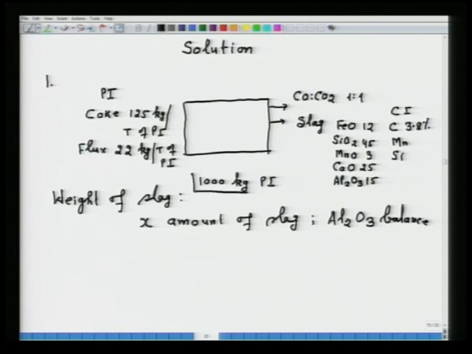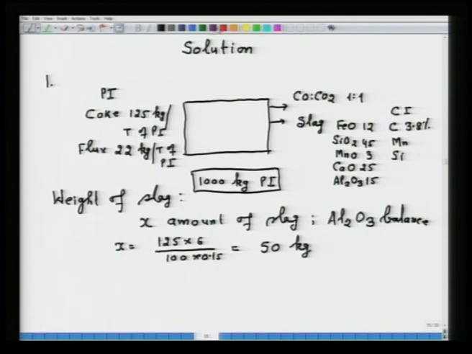So, if I do the Al2O3 balance, then I can immediately calculate X, that is equal to 125 into 6 upon 100 into 0.15, that is the 15% Al2O3 in the slag. So, immediately it turns out that the amount of slag is 50 kg.